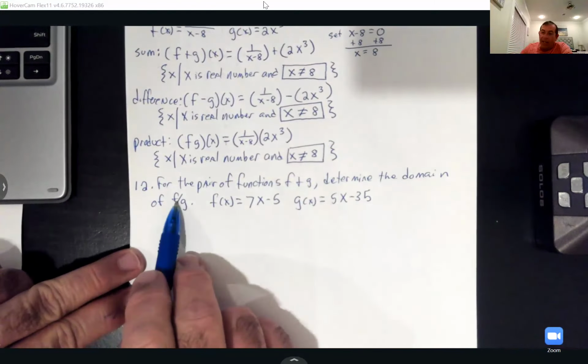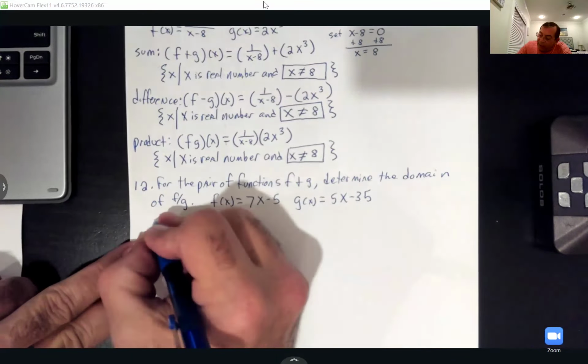All right, so now they're saying f divided by g. So f divided by g will equal my f on top, 7x minus 5, over my g, which is 5x minus 35. Well, we got a fraction for sure. So I'm only worried about the bottom of it, remember.